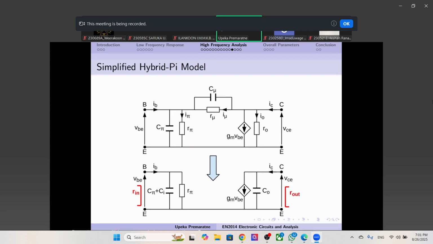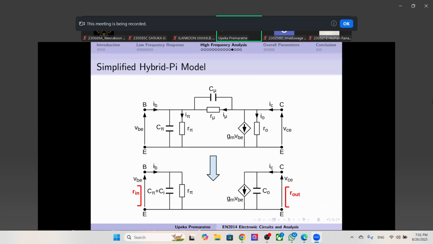On top we have the original, complete hybrid pi model, complete with C mu, R mu, and R naught.